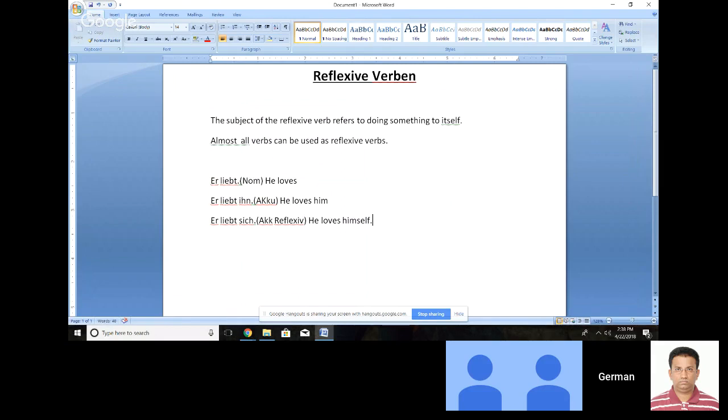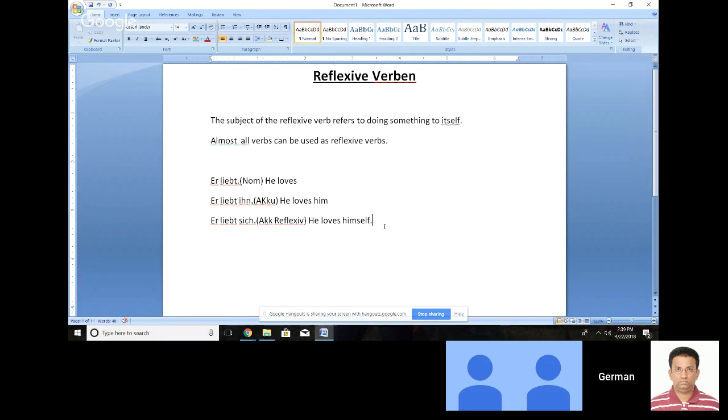Okay, this is the difference between nominative, accusative, and accusative reflexive. In only nominative case, we just have the nominative personal pronoun and the verb. In accusative, we are answering the question whom as well. That's why it is an accusative case. Whom does he love? He loves him. And in reflexive, liebt sich. That is, he loves himself.